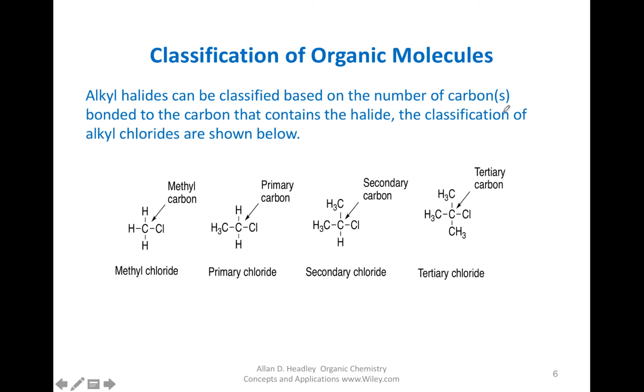We can do a similar classification for halogenated compounds. Here's a carbon, and of interest is a chlorine. So it's a chloride, but more specifically, it's bonded to a methyl carbon because it's only one carbon, so it's a methyl chloride. Here's another chloride, but it's bonded to a carbon that's bonded to one other carbon, so therefore it's a primary chloride.